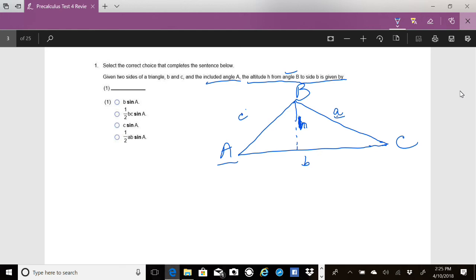Notice that this triangle is a right triangle, and we can write down that H divided by C, that's the opposite over the hypotenuse, is equal to sine of A.